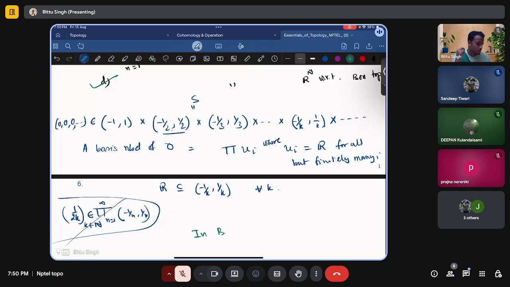In the box topology there is no such restriction. Therefore, S is open.